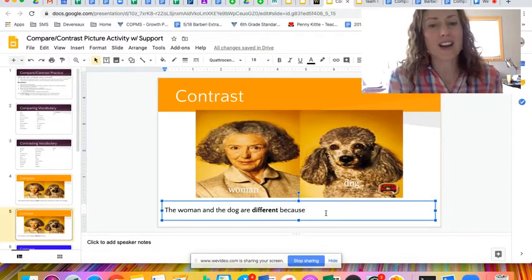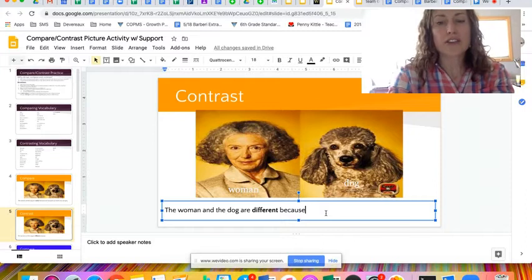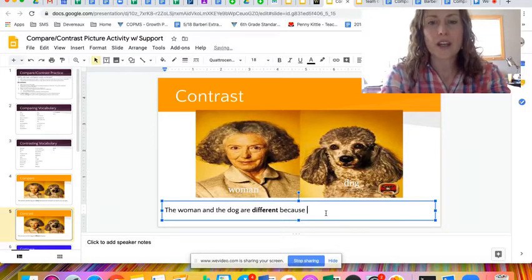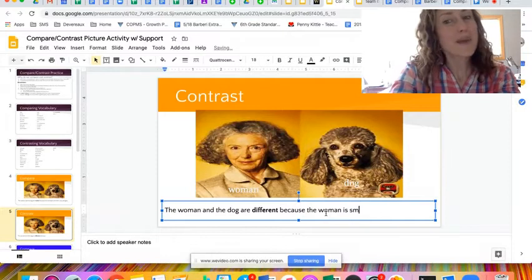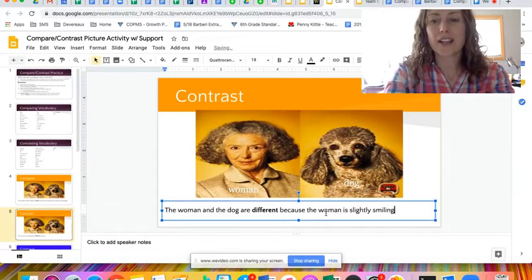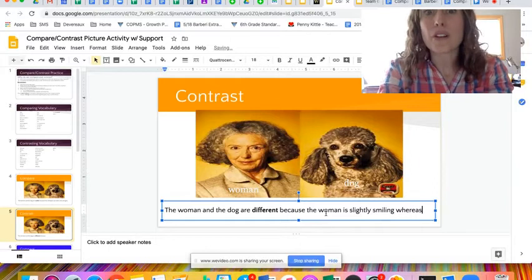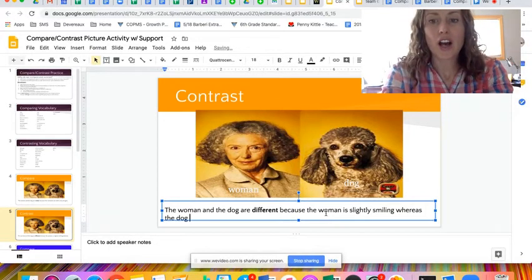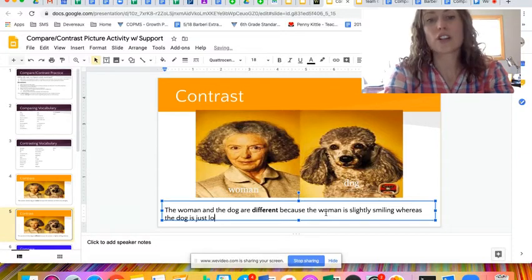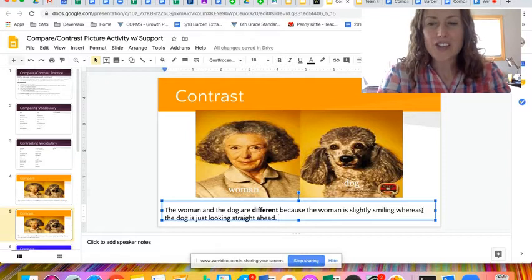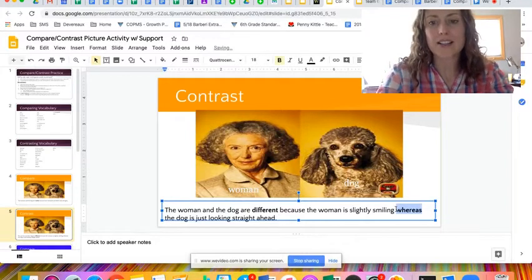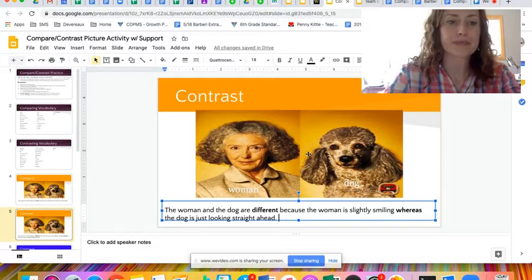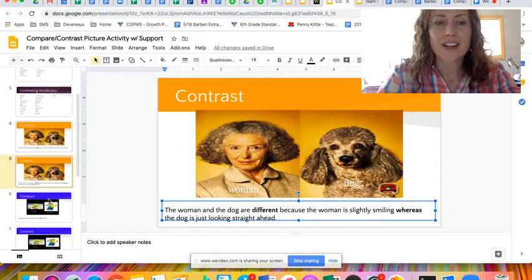So a lot of differences here. Let's see. So the woman and dog are different because the woman is smiling. Maybe I'll say slightly smiling, whereas, which is another one of the vocabulary words, the dog is just looking straight ahead. All right, and I actually might just go ahead and bold that whereas because I like to note the vocabulary I'm using.